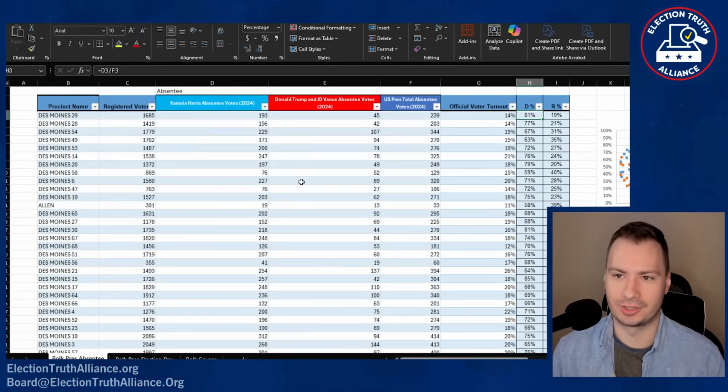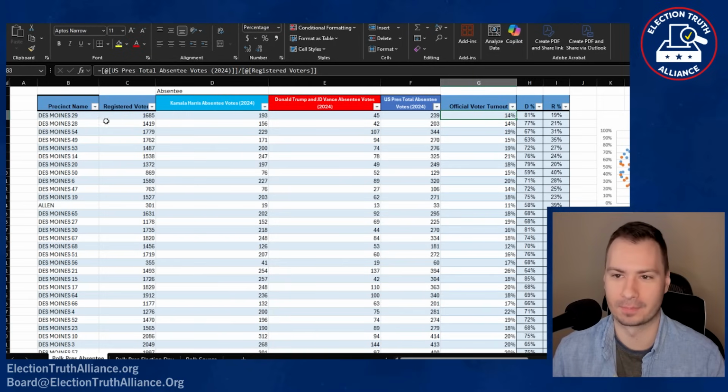And then the percentage of those votes is divided of the candidate A, in this case Harris, and you divide from 239, which is the total absentee votes. And this will get you the percentage of votes across that precinct. And this will get you the turnout of that precinct.